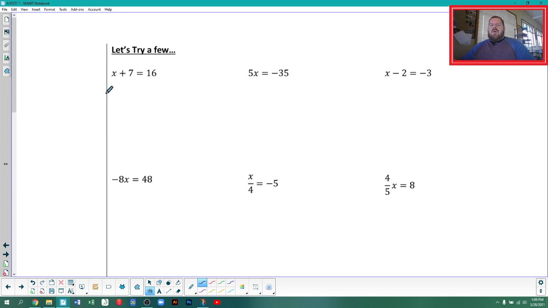In the long form, I take this equation and use the subtraction property of equality to subtract 7 on both sides. Over here, I have 7 minus 7, which is equal to 0, and that leaves me with just x on this side and 9 on the other side.